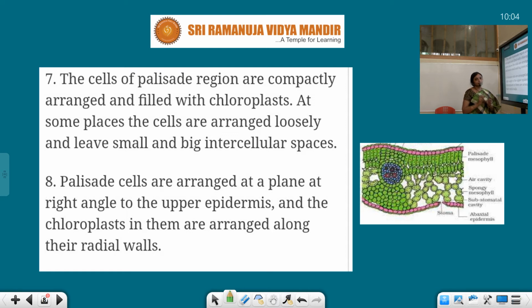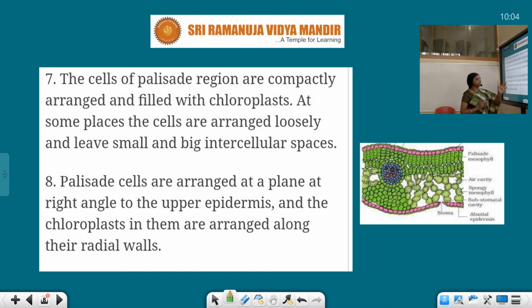So these cells are compactly arranged, without gaps or intercellular spaces, and they have more chloroplasts. At some places the cells are arranged loosely and leave small and big intercellular spaces. Only at some places they are loosely arranged.